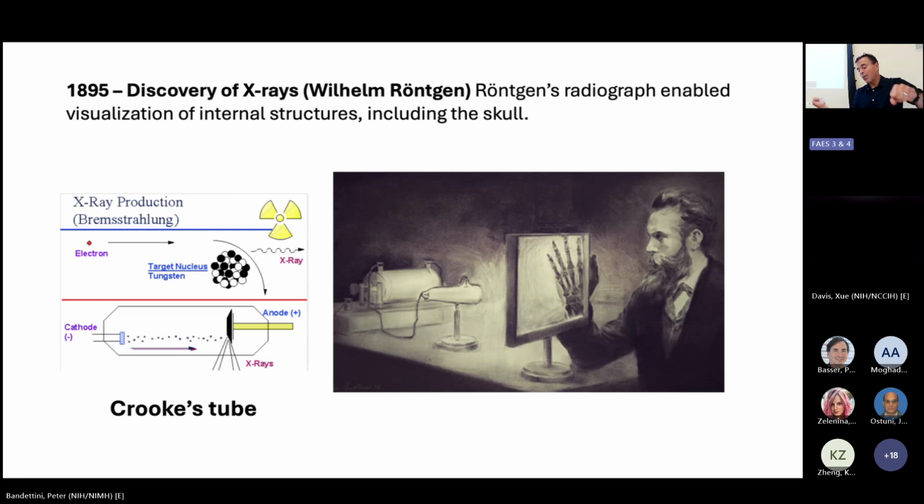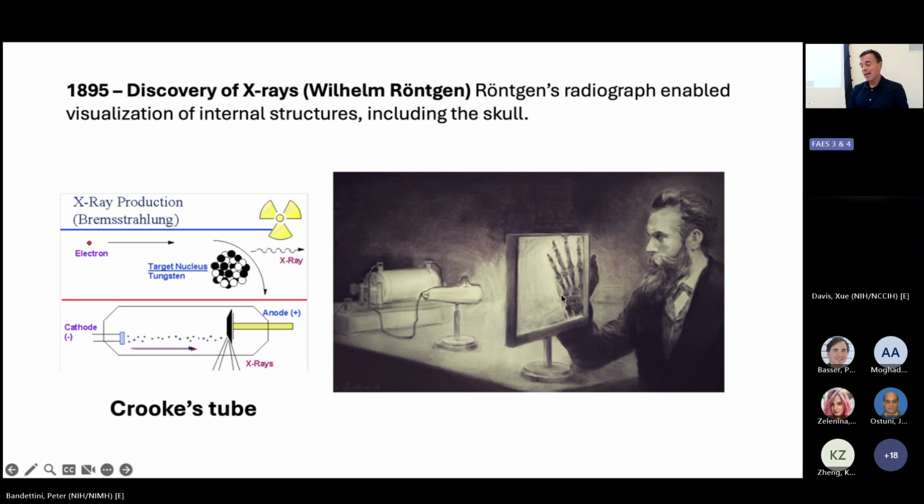And essentially, electrons would be accelerated towards the anode. And he was putting various materials on it, and he found that certain materials glowed. But then he found out that if he put something in front of those, he could actually see that the rays penetrated softer, less dense materials, and didn't penetrate more dense materials.